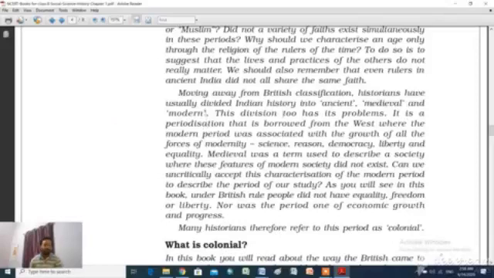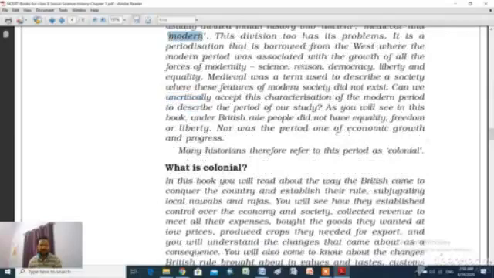Because in Western society, meaning America, England, France, where the Industrial Revolution started, that was considered the modern period. Medieval period was around 1500, 1400, and ancient period 600, 700, 900 AD, etc.